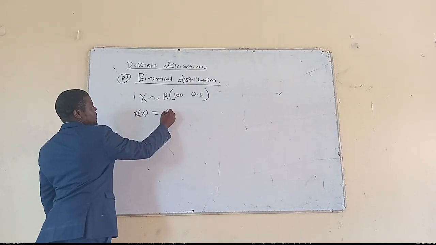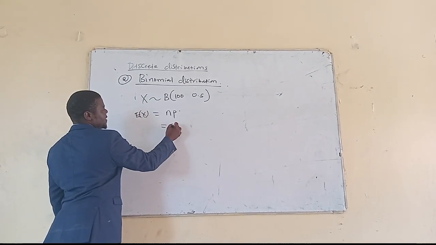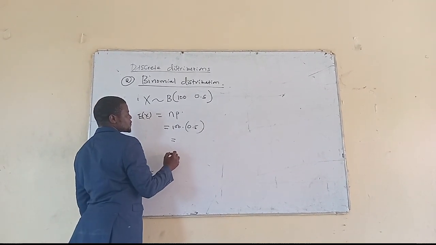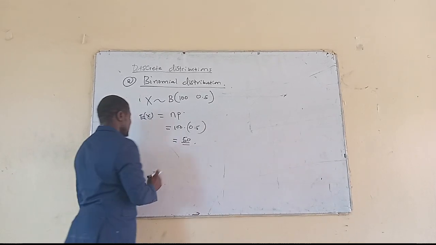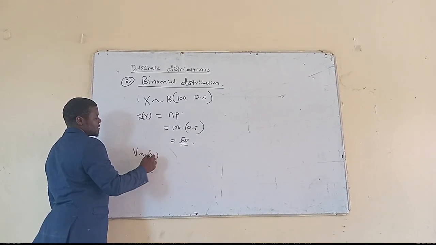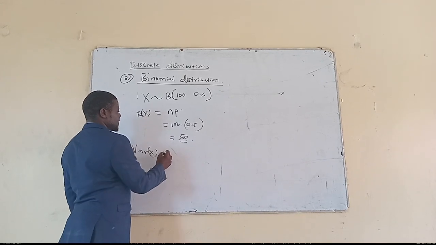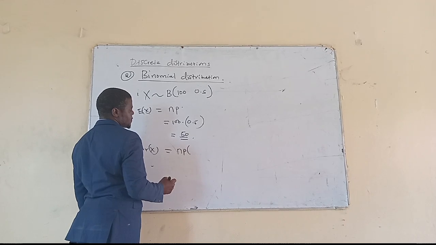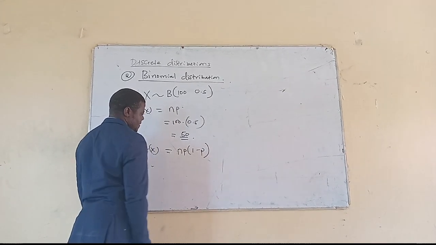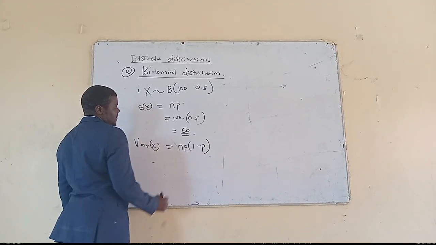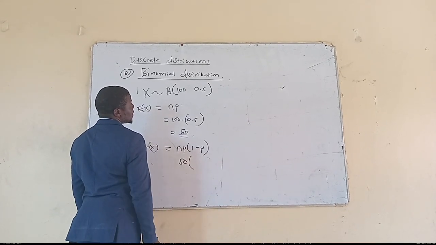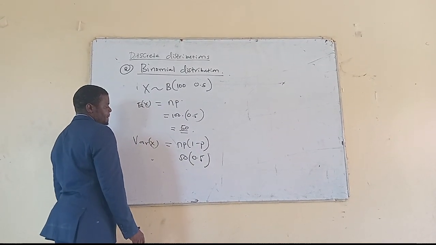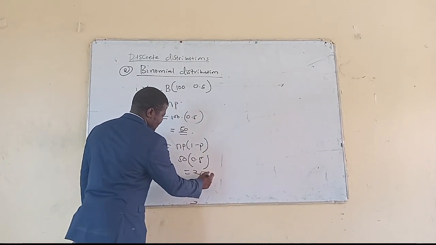The expectation is np, so that will be 100 times 0.5, which is 50. The variance of x is np into 1 minus p, so 50 into 0.5, which is 25.